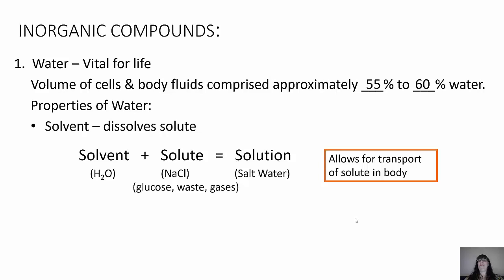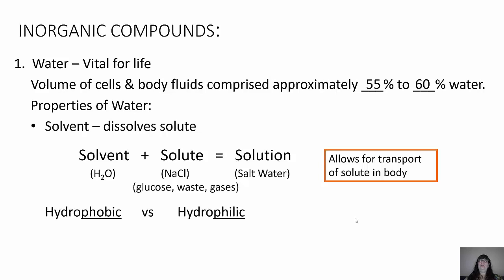What you end up with in a solution is salt water. And this allows for transport of solutes in the body. So one property of water that is crucial to our survival is that it is a universal solvent, meaning it dissolves more substances than anything else on Earth. So things can be dissolved in water and then transported in our body.